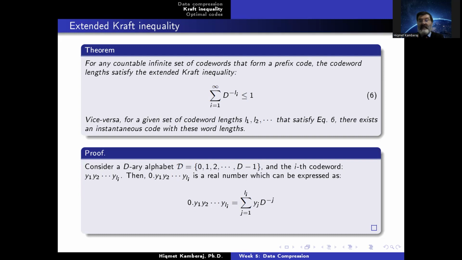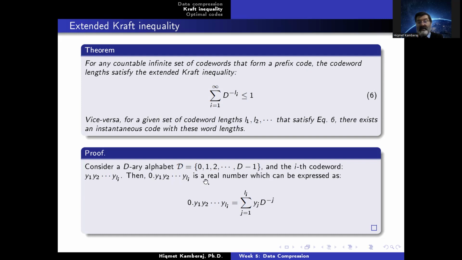Now, consider a D-ary alphabet, D, which is the set 0, 1, 2, up to D minus 1. And the ith code word, let's say it is Y1, Y2, up to YLi. Now, this would mean that 0 point Y1, Y2, YLi is a real number.